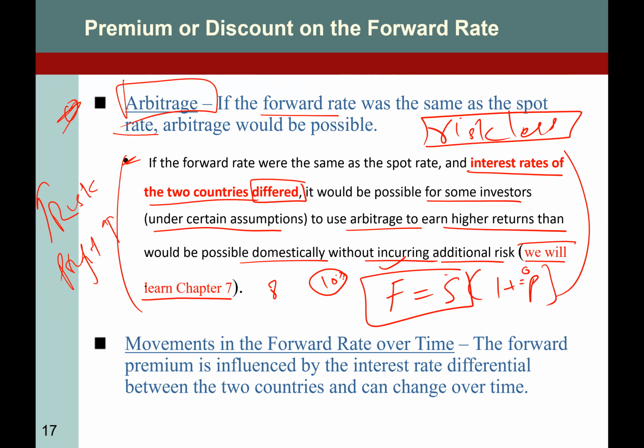But just to understand this right now, normally it is a mathematical possibility. If there is a possibility that without any government intervention and there is free market economy, forward is equal to spot rate, which means the premium is 0 and the two countries' interest rates are different, then investors will send the money where the interest rate is higher. They will earn more interest, high returns over there.